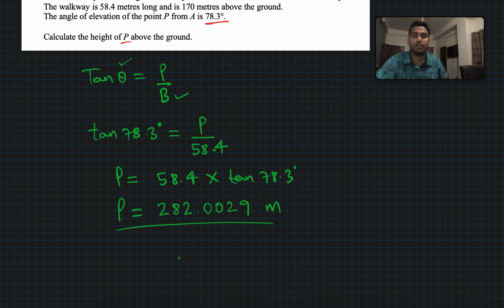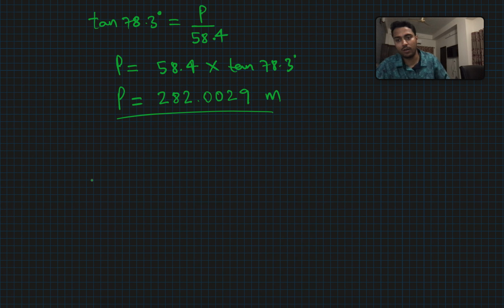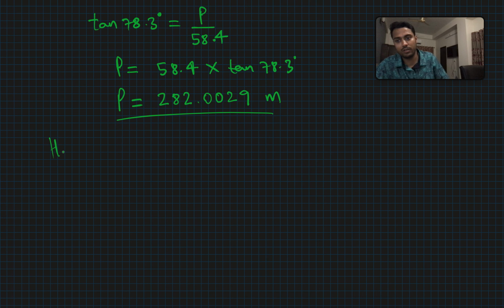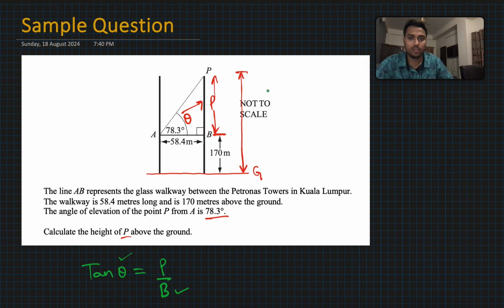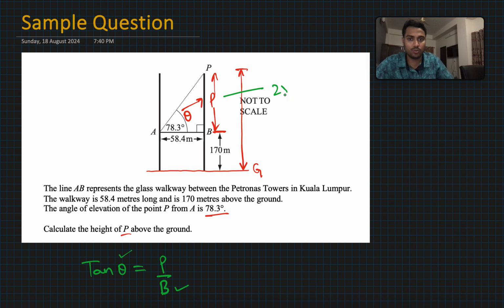And then the height above the ground till point P will be equal to, so this P is now 282.0029.